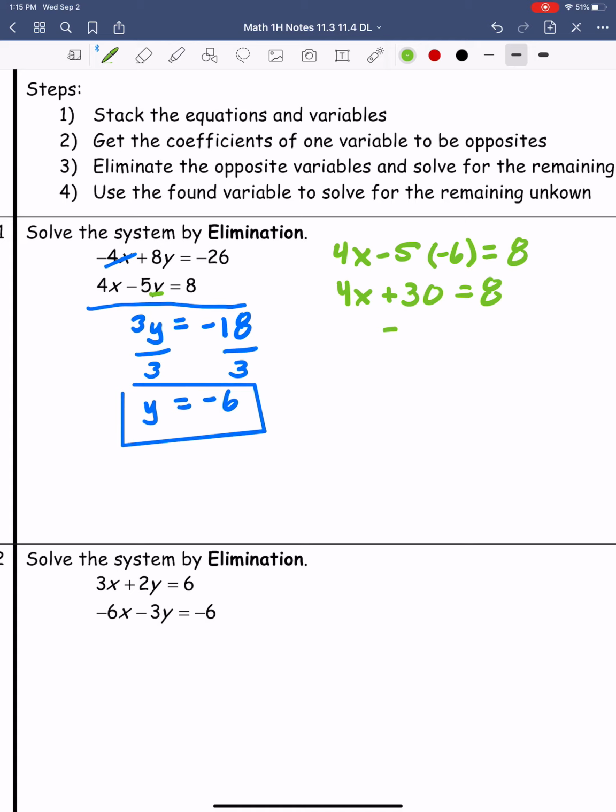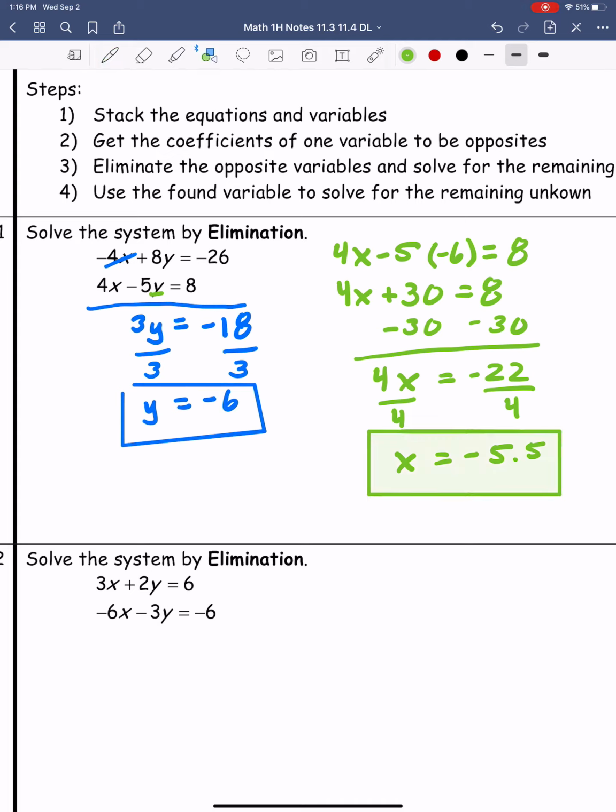And now I'm going to subtract 30. I get 4x equals -22. And then I'm going to divide everything by 4. And I get x equals -5.5.